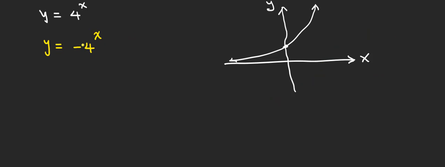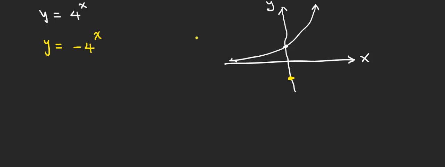Now what if you want to graph negative 4 to the x? Well, negative 4 to the x is the opposite of 4 to the x. That means the y value will be opposite. So it's going to be the graph that has a reflection with respect to the x-axis. So for example, 0, 1 will end up being at 0, -1.